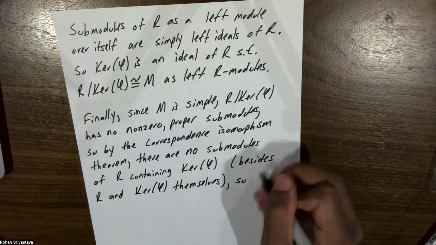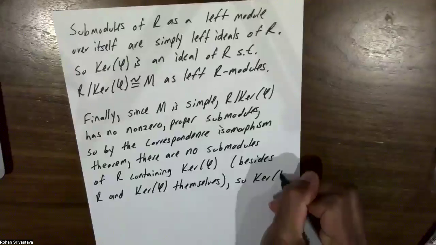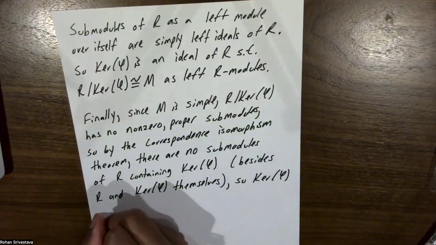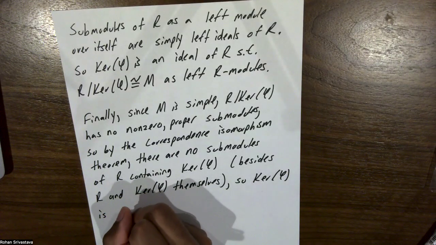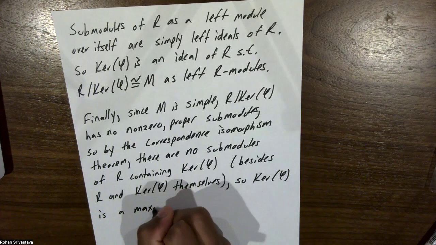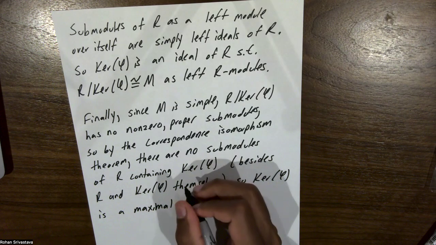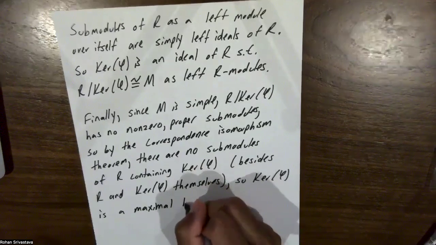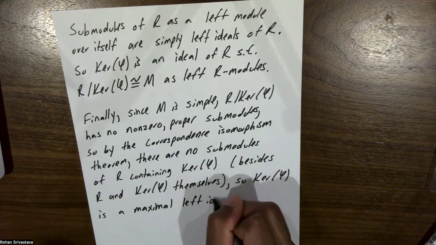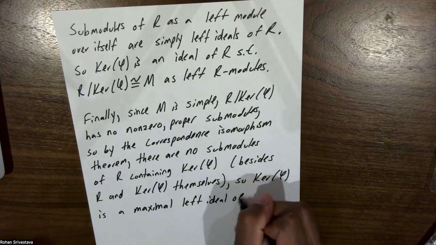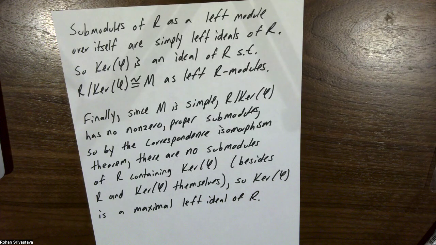So what does that mean? That means that the kernel of phi is by definition a maximal left ideal of R. Great, so that gives us part A.